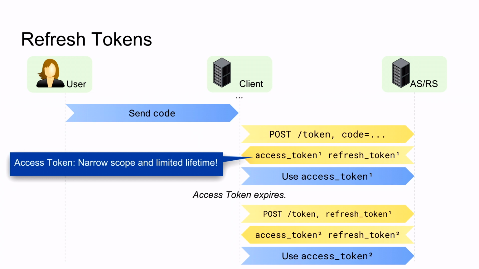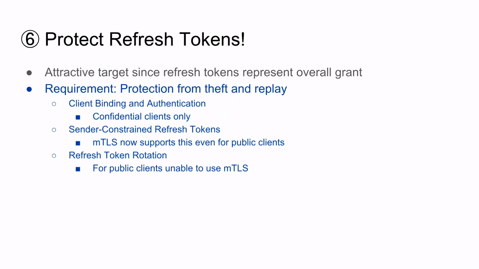So the access token can be more limited in its scope and in its lifetime, and you can throw all your protection mechanisms on the refresh token. What are these? Well, you can use client authentication, client binding. You can say only this specific client that needs to authenticate can use the refresh token. You have a sender constraining mechanism just like for the access tokens, and you can use refresh token rotation.